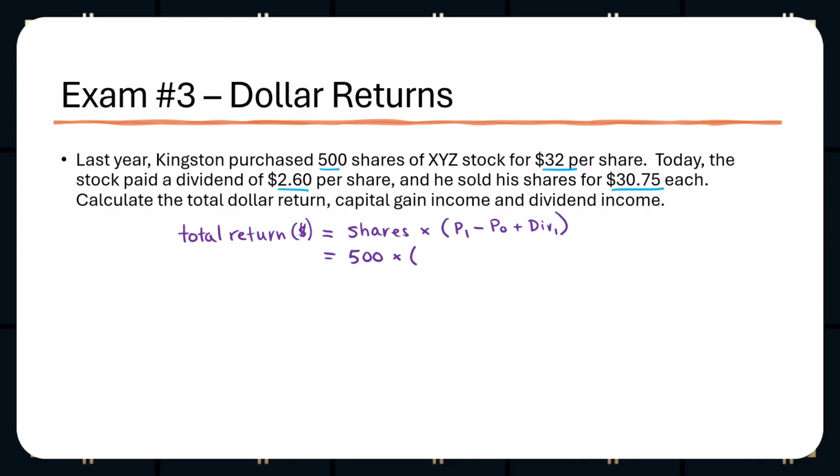We will multiply that by the $30.75 per share that he sold those for. He, however, paid $32 per share to acquire them, and he received a $2.60 dividend. When I do this in the calculator, I find that the total dollar return on this investment was $675. But let's break it down.